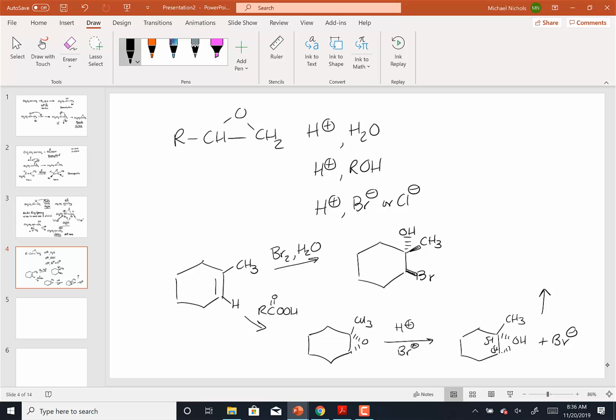So I protonate my epoxide. Where is my Br minus going to add? To the carbon with the most delta positive, the carbon with the most substitution, the most substituted, which is top or bottom.